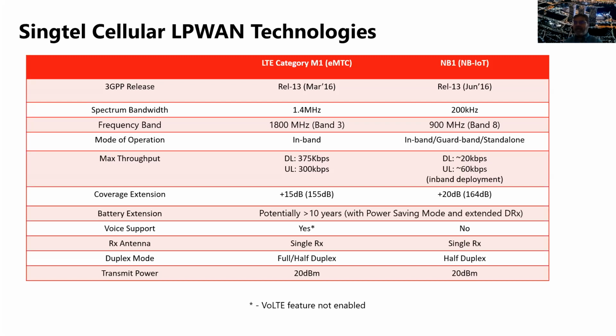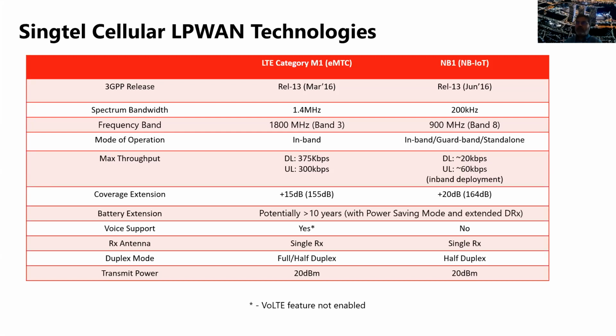The frequency band where we operate today, obviously for LTE-M, we use band 3 nationwide, and for NB-IoT at 900, we use band 8. Of course, we also intend to offer band 3 on NB-IoT for certain locations as well. That's also work in progress.